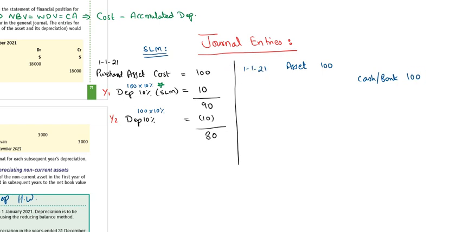Okay. So in the first year, we will calculate depreciation at the end of 2021. So in 2021, we record the depreciation. The entry of depreciation will be depreciation expense debit, accumulated depreciation credit.